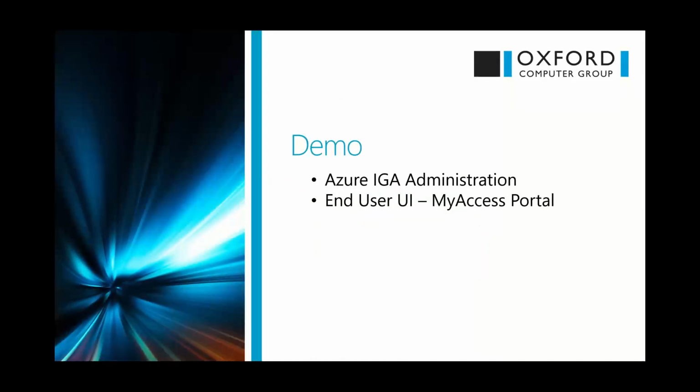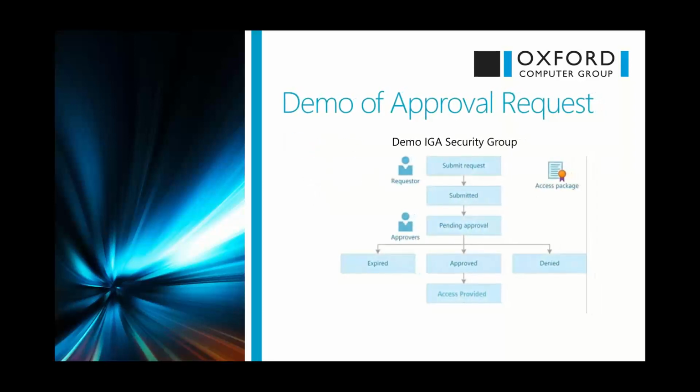Demo. The first part of the demo, I'm going to go over the Azure IGA Administration Portal, and then the next piece would be the end user interface, which is the My Access portal. And then I'm going to give a demo of an approval request.